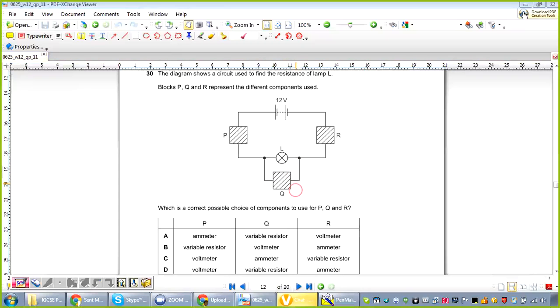So Q has to be a voltmeter. So this is the only option. So I said B only, sir. That's okay.